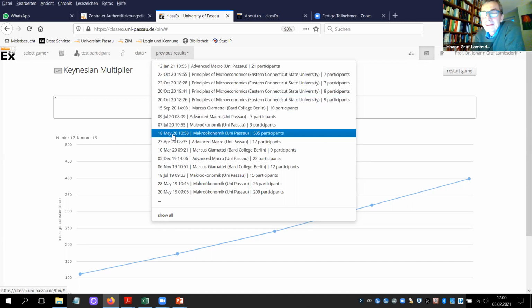So the nice thing is that when you have so many participants, this is a real macro economy. So with 500, we are really close to a huge society that interacts. And the nice thing is that classEx works beautifully with that. So there are no congestion problems.